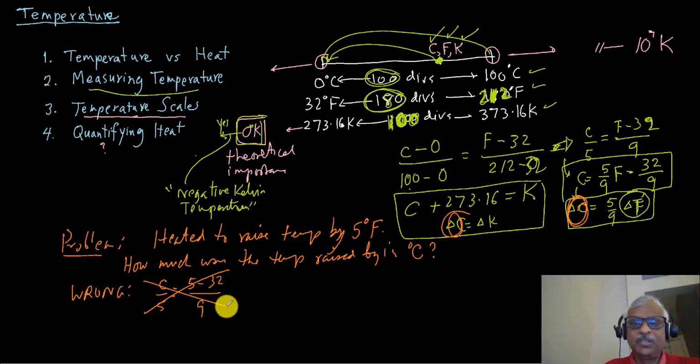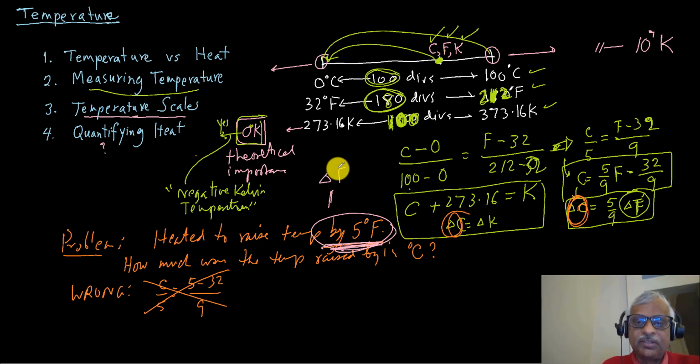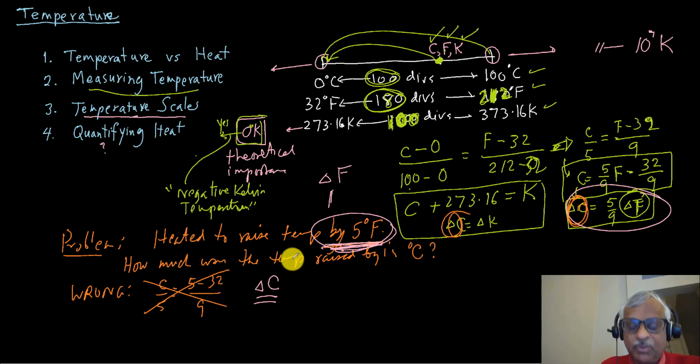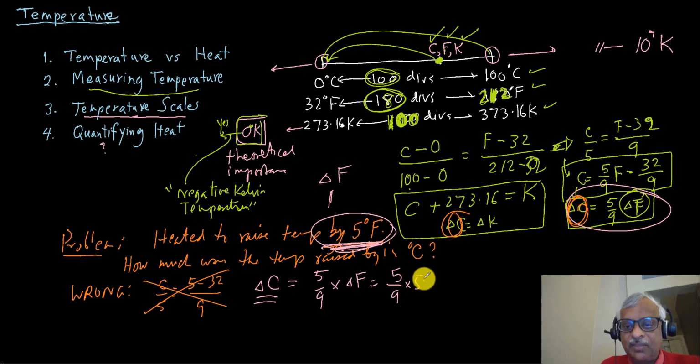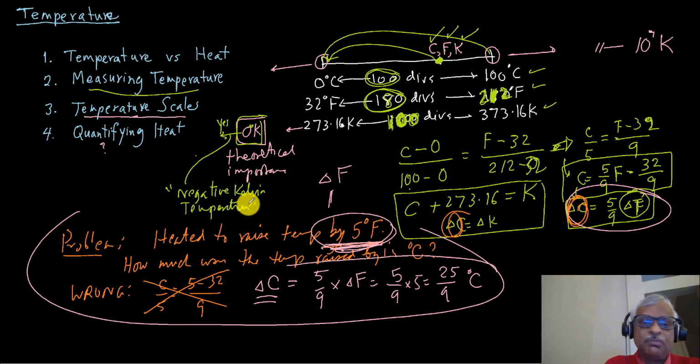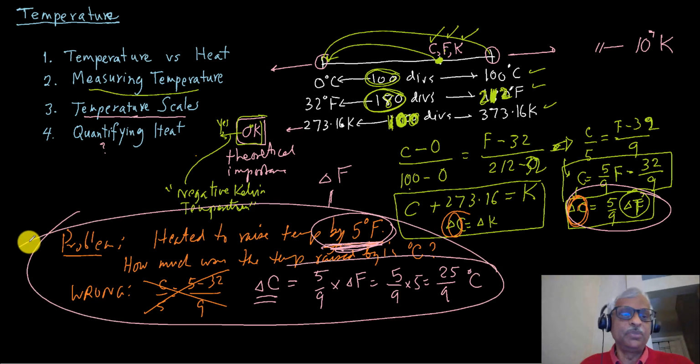This will be wrong, because it is actually saying that this is the temperature, so this is giving me delta F. I want to know how much it changed by, not the exact temperature, but the amount of change. So delta C will be 5/9 of delta F, which is 5/9 of 5, which is 25 over 9 degrees Celsius. So this is a very common mistake, and you've got to avoid that if you want to do problems in thermodynamics.